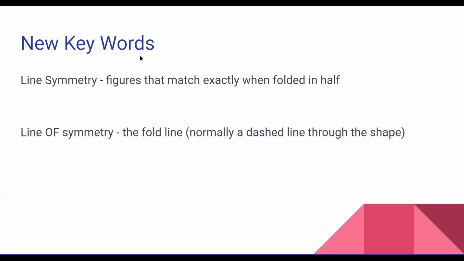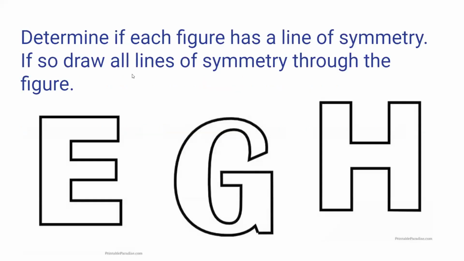We're going to look at a couple examples so you have a better understanding of these words. There are examples like this in your homework where it'll just ask if they have a line of symmetry or not. So looking at this, you are determining if each figure has a line of symmetry.